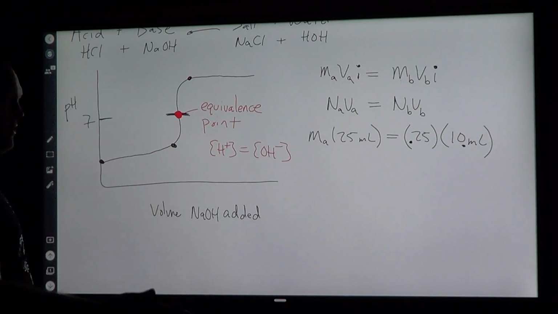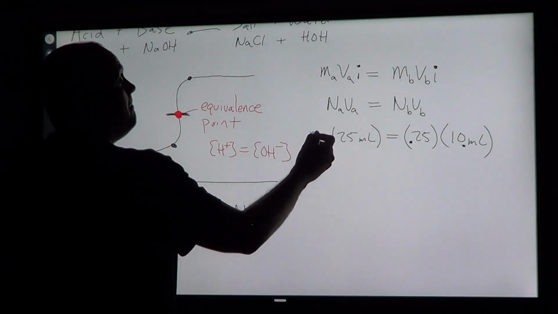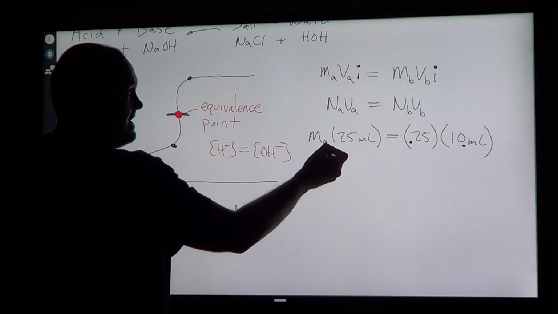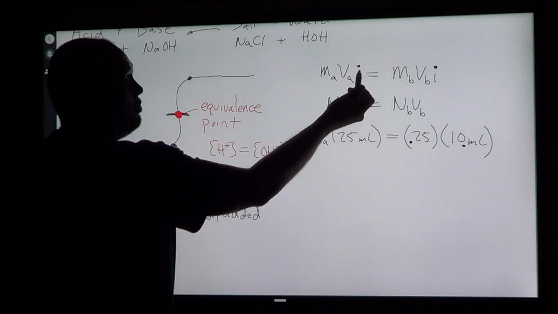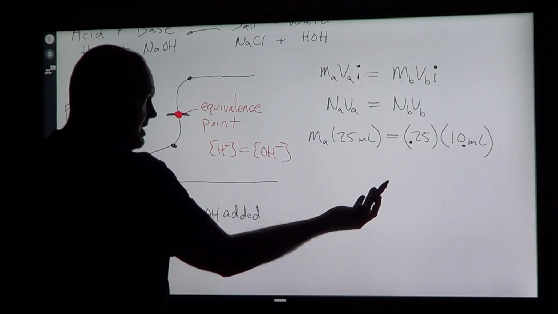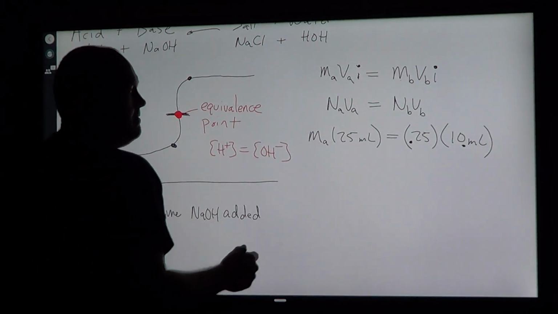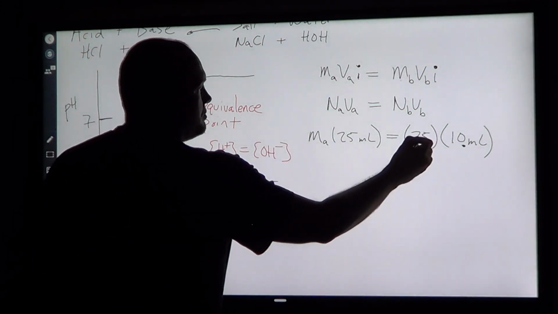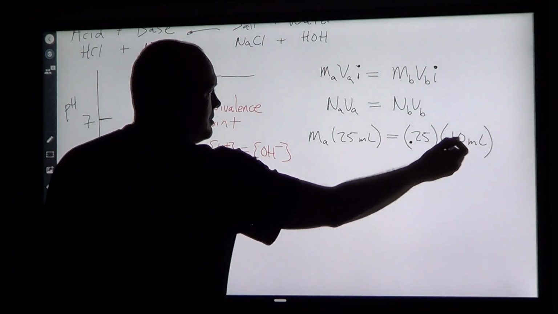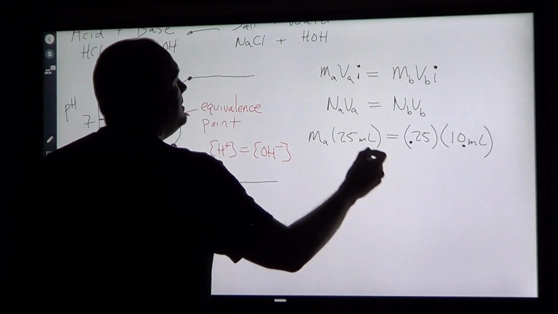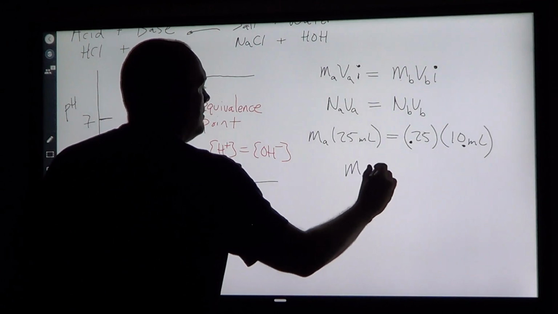We can now calculate the molarity of the unknown acid, assuming it's monoprotic, or what we're really calculating is the normality of the original acid. All we would do is 0.25 times 10 divided by 25.